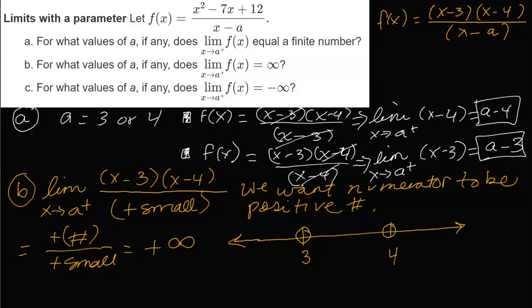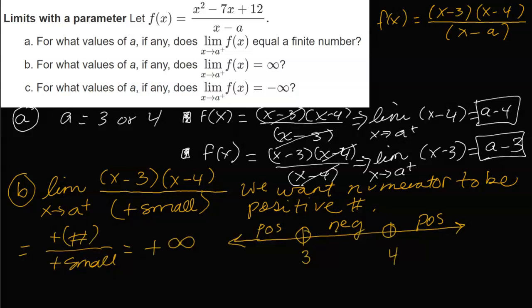When x is, say, to the left of 3, let's pick 1, you will have a negative times a negative, which gives you a positive. When x is, say, 3.5, then the first factor is positive, but the second factor is negative, so the product is negative. And when x is, say, 5, both of them are positive, so the product is positive.